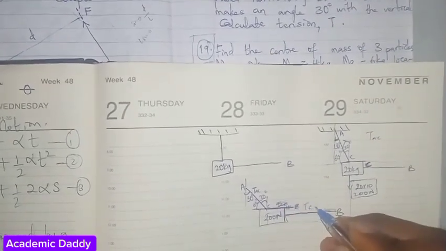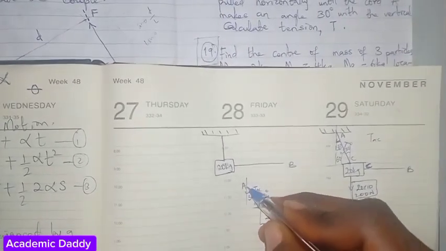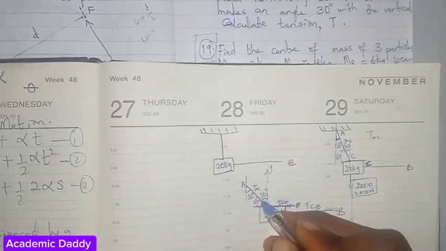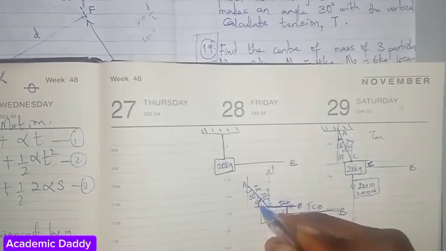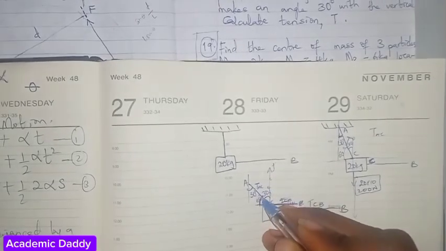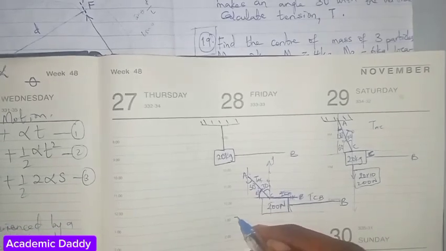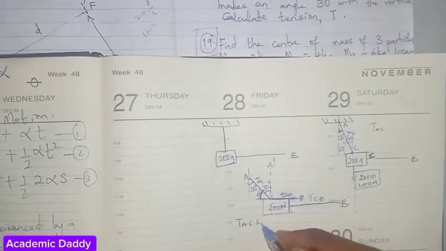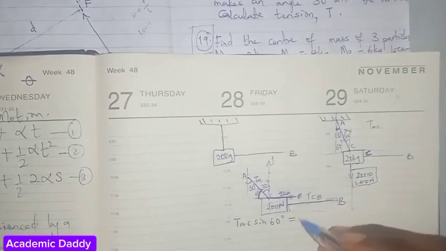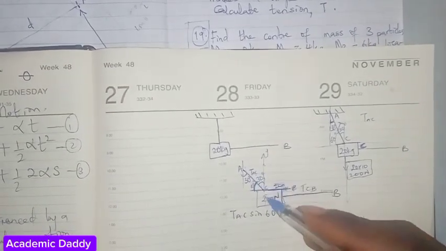So this is TCB. Carrying this force now to the vertical axis, which is Y, I'm always going to use the angle it makes with the horizontal. So carrying this to Y will be TAC sine 60. Remember the principle of equilibrium is that force upward must be equal to force downward.